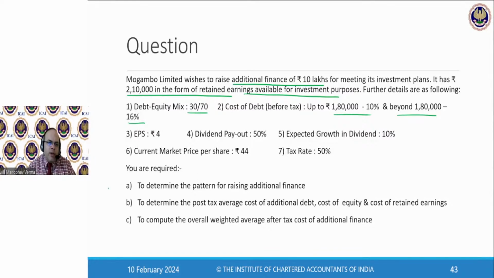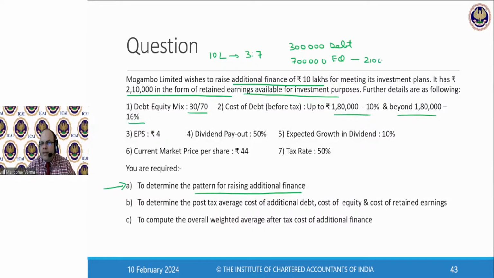If I look at question number one, what is the pattern for raising additional finance? You need 10 lakhs. They are giving you 3 is to 7. 3 lakhs is debt, 7 lakhs is equity, but they already have 210 in retained earnings.